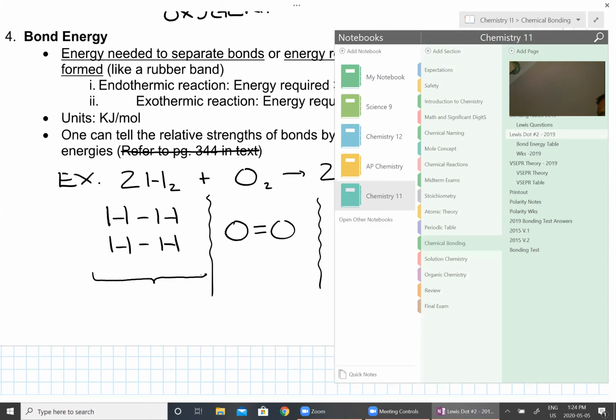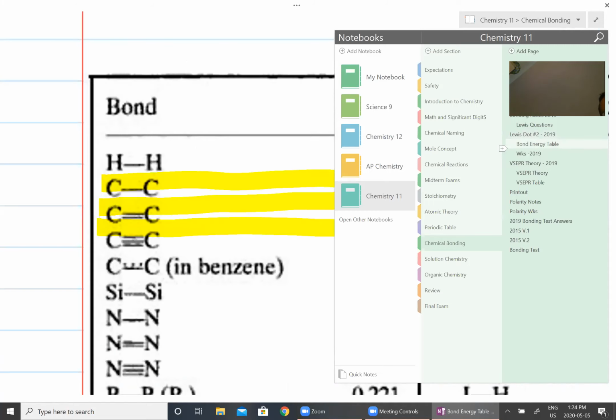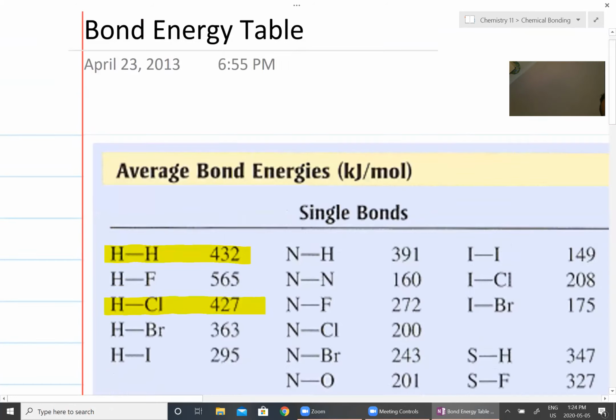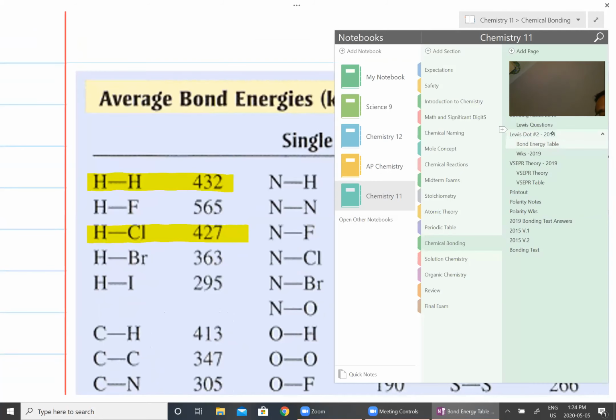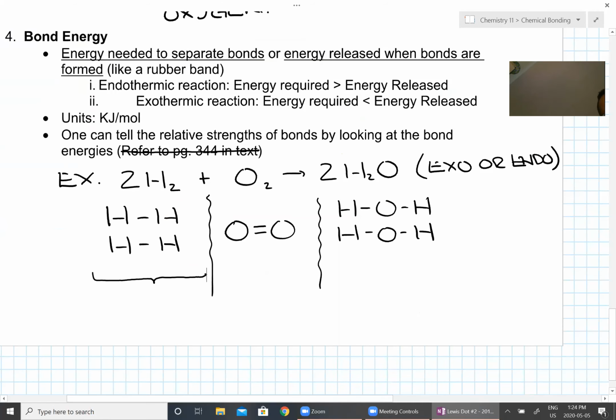On a sheet, I think I've given it to you, you have this bond energy table. So hydrogen is 432. So here we have 2 times 432. Why is it 2 times 432? Because we have 2 hydrogen molecules.